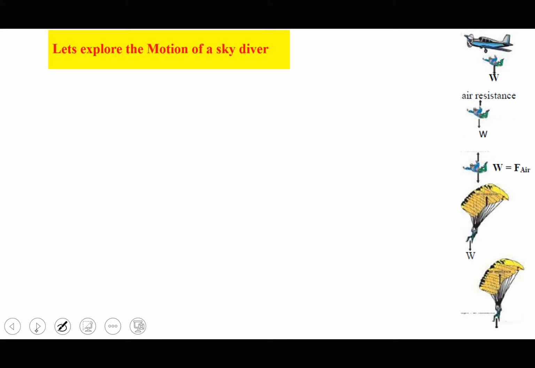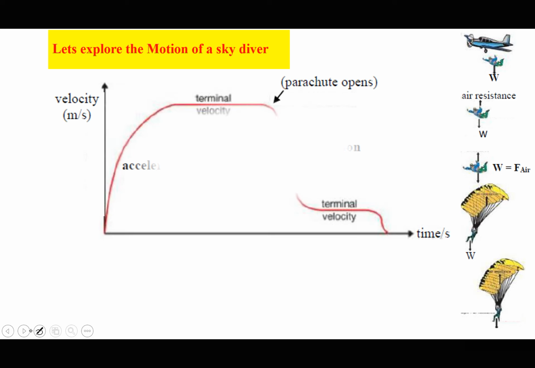So how do we sketch the graph of their motion? For a skydiver jumping from an aeroplane, who later opens the parachute, the graph would look something like this. Initially, before opening the parachute, the skydiver is still accelerating.